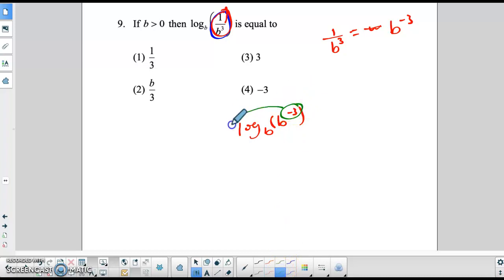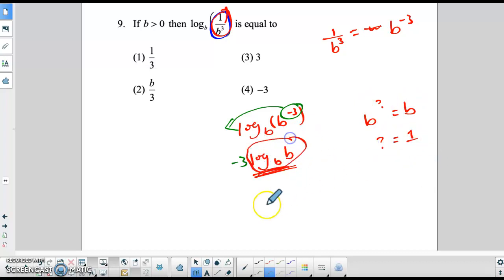You can use the power rule, move the exponent to the front. For this part, b to what power gives you b? Of course, that's 1. So this part equals 1. So you have negative 3 times 1. That gives you negative 3. Okay? Alright, next one.